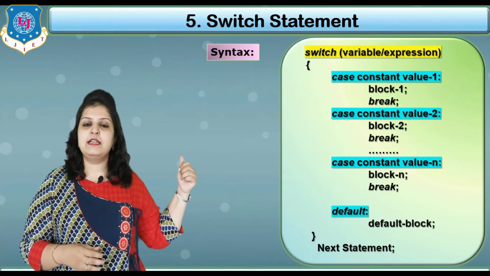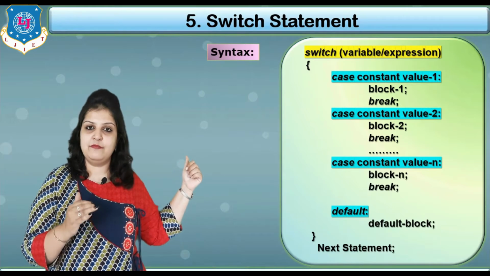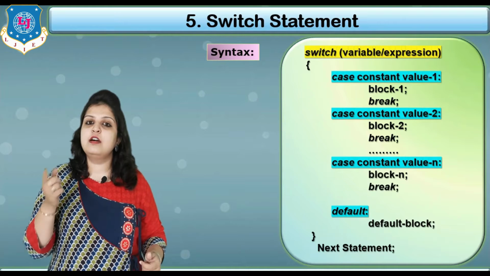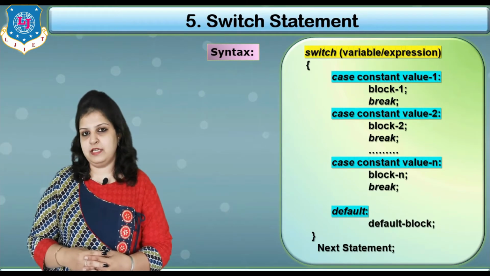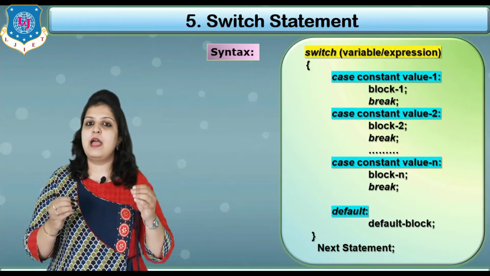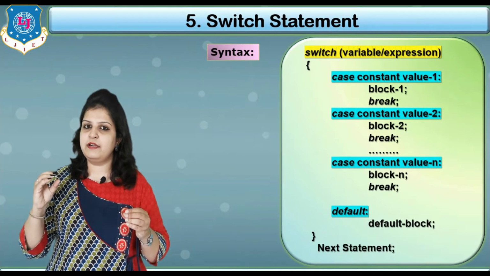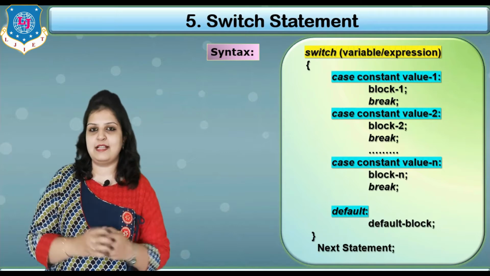It means when case 1 is executed, the block of statement 1 will be executed, and after that control goes outside of this switch statement and the next statement will be executed. In all the previous statements, when one condition is true, the statement associated with that condition is executed and control directly goes to the next statement.